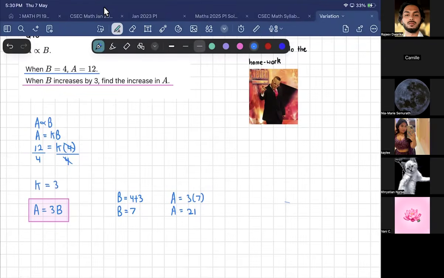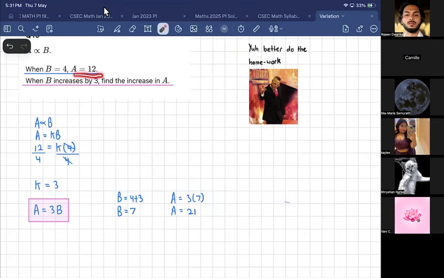Good. Now they are asking us to find the increase in A. So how much did A increase by? Nah, A did not increase by 3 times. What was A originally? A was 12. So how much did it increase by? I promise it's not a trick question. A was originally 12 and now it's 21.